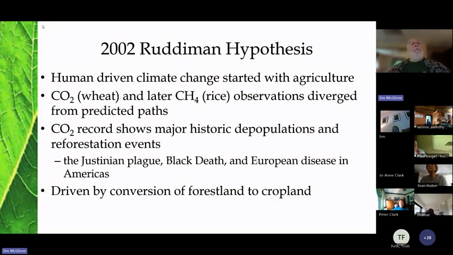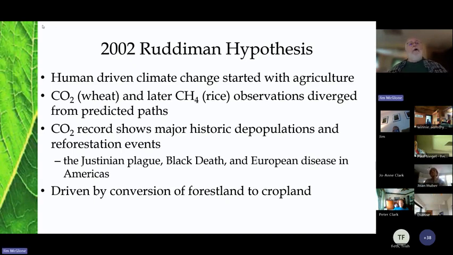Well, it just so happens that 11,000 years ago is when wheat agriculture was developed and started to spread from the Middle East. And 3,000 years ago was when we started to see major increases in rice agriculture in Southeast Asia.